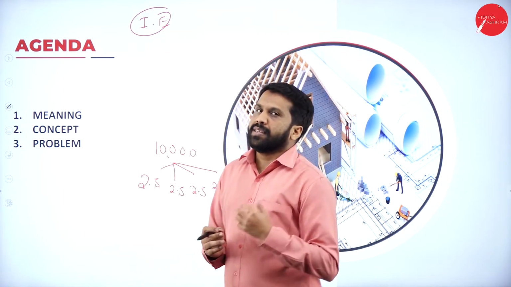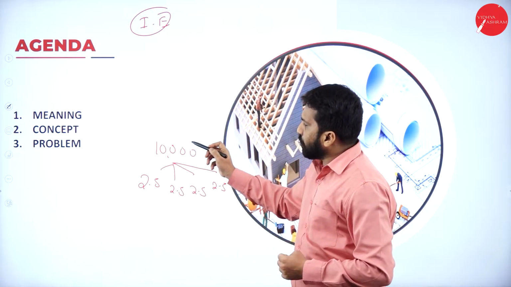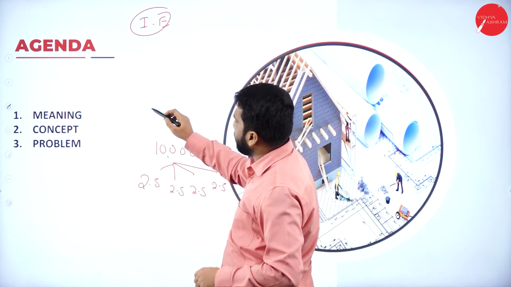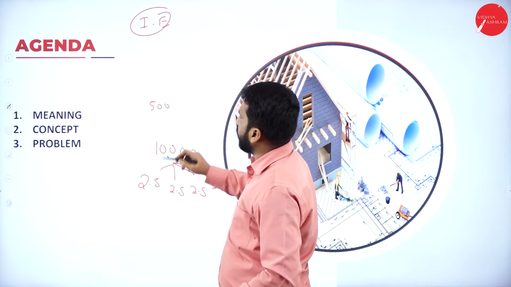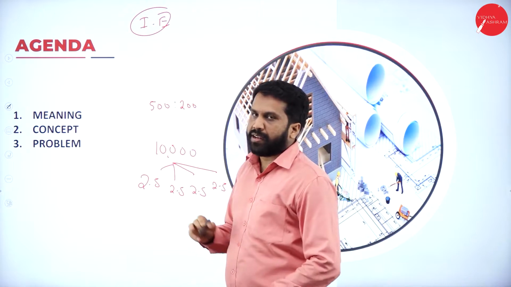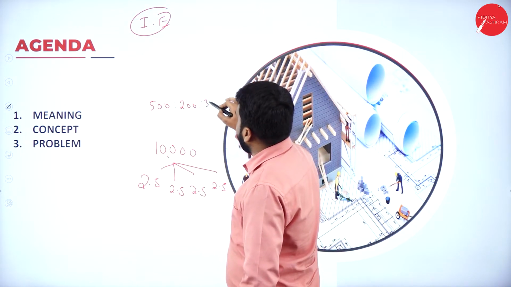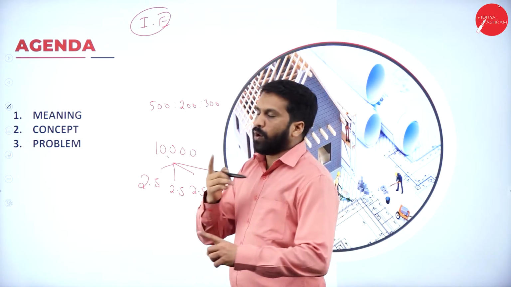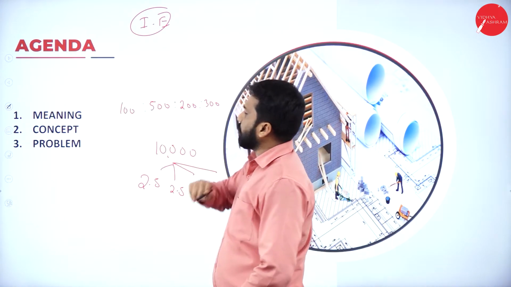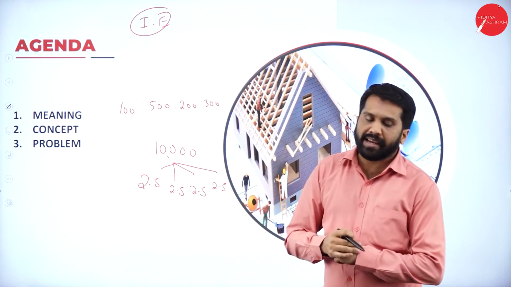Then what happens? The rent has to be divided how? Just assume your room space is 500 square feet, my room space is 200 square feet, one more room is 300 square feet, and one more room is 100 square feet, the total area.